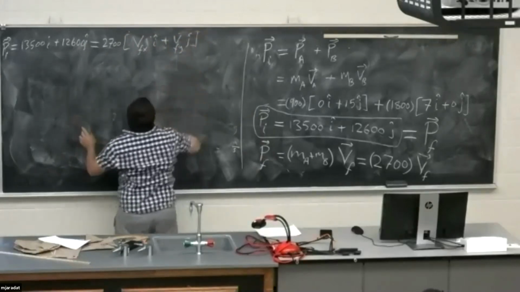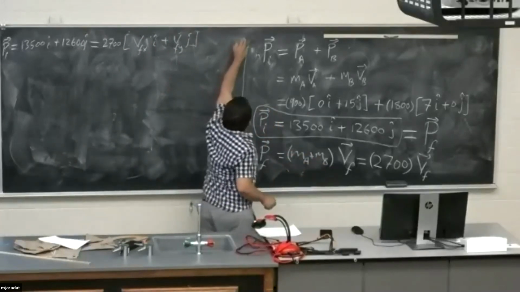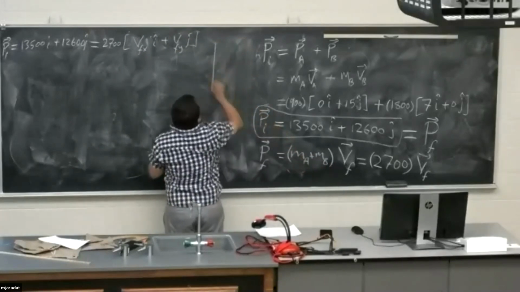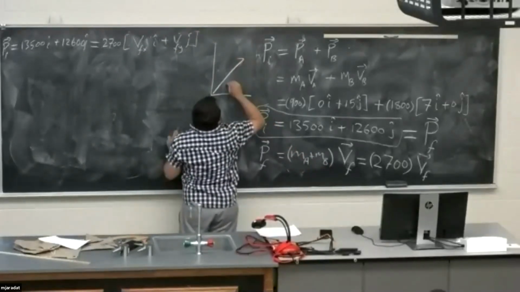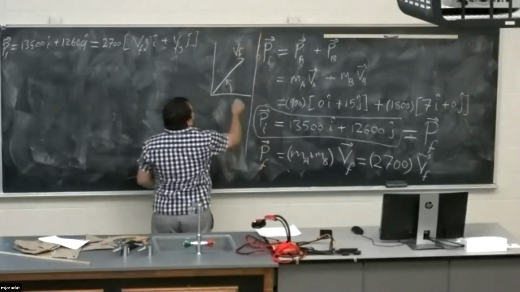It's a vector quantity, this velocity. And you see that our object became to this direction with V finally and with theta.